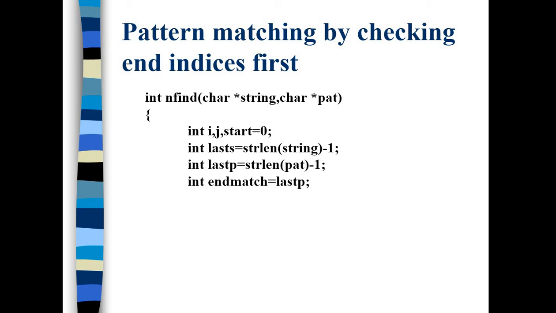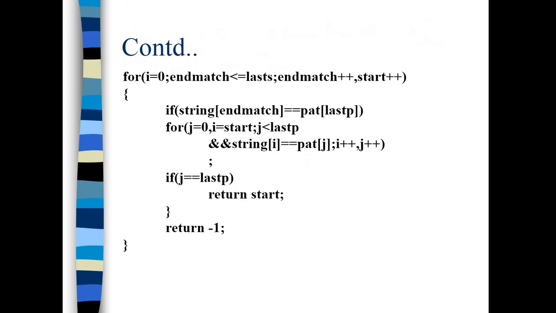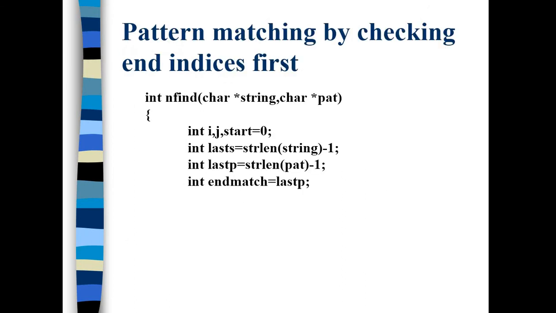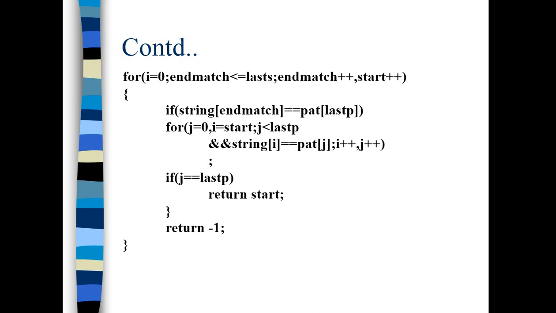The length of the pattern, we store in last p. And here you have to remember, end match is equal to the string length. From the 0th location till you reach the end of the string, we execute this loop. Every time end match will be incremented and start also will be incremented.